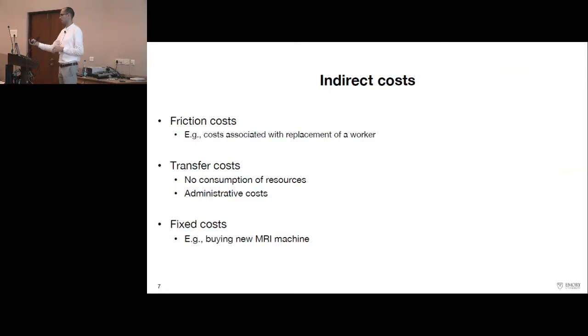So if you have an analysis that has a 50, 60 years time horizon, you would have to buy the machine every now and then. That would be included. Ideally, the cost of the procedure would include all of those parameters.